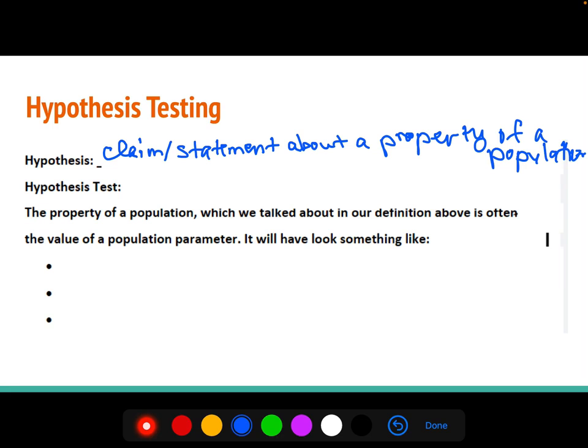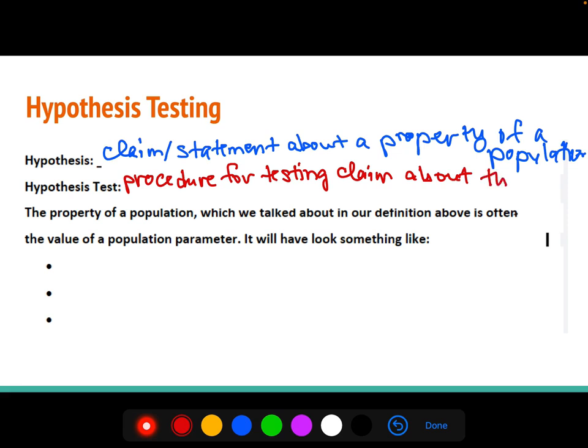Now, a hypothesis test. This is the procedure for testing the claim or hypothesis about the property of the population.